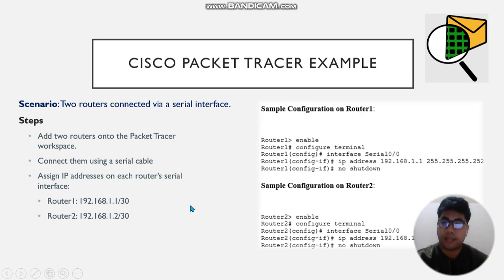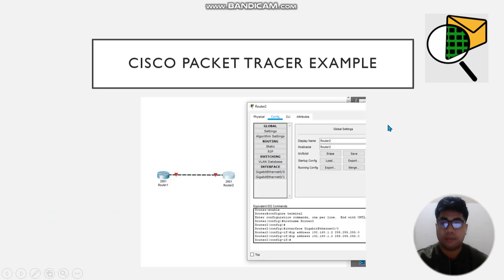After that, assign IP addresses on each router's interface. Here are the sample configurations on each router. Here is the screenshot of the Cisco Packet Tracer example that I have created, which will be provided as well in the uploaded file of my course project.